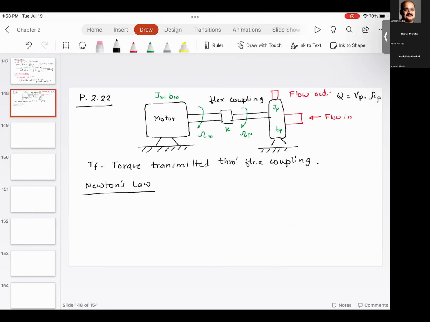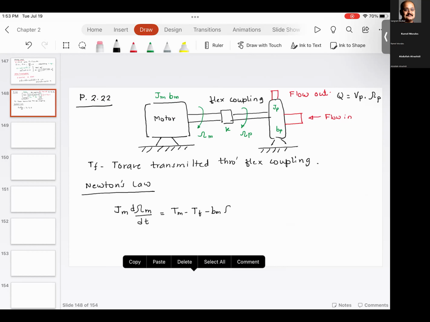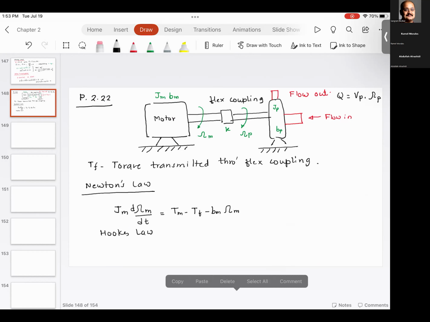Newton's law is given as Jm d omega m by dt is equal to Tm minus Tf minus Bm omega m. Then Hooke's law is for the coupling.